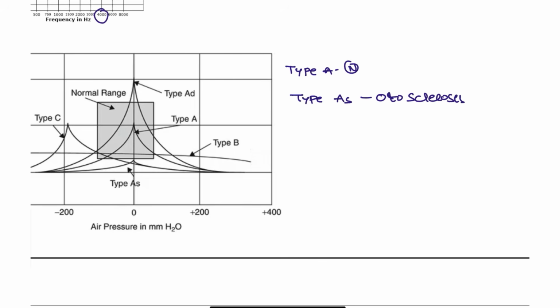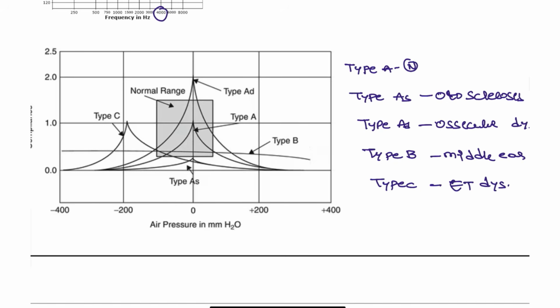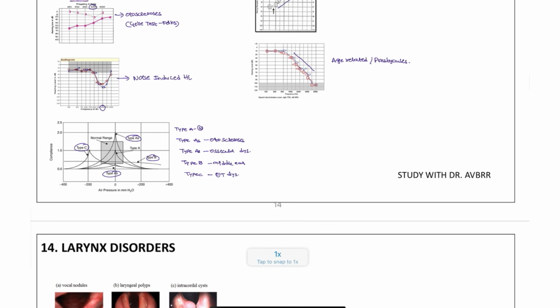Type Ad is seen with ossicular dysfunction. Type B is seen with middle ear dysfunction. Type C is seen with ET dysfunction. Here you can see type C, type B, type Ad, and also type As. These are the things that you have to remember, guys.